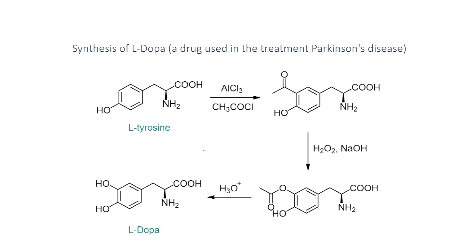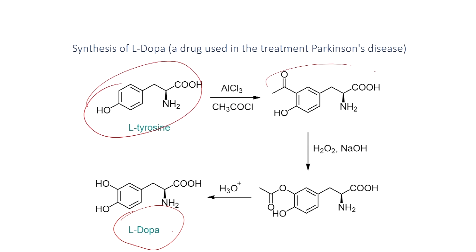Here an application is shown, the synthesis of L-TOPA, this amino acid. First, acylation of this aromatic system in the presence of aluminum chloride can give this derivative.